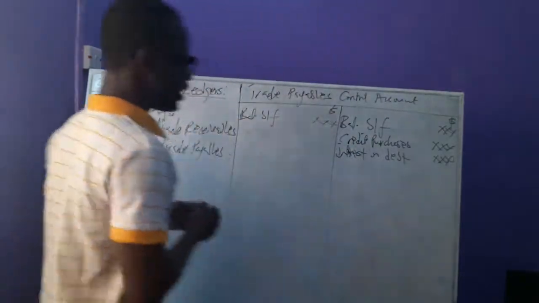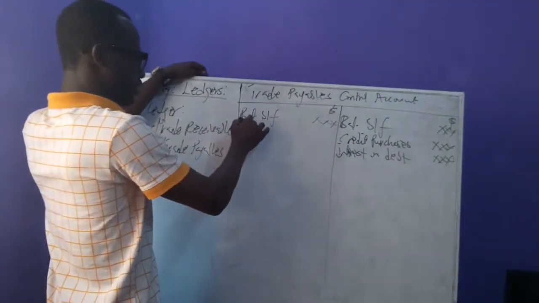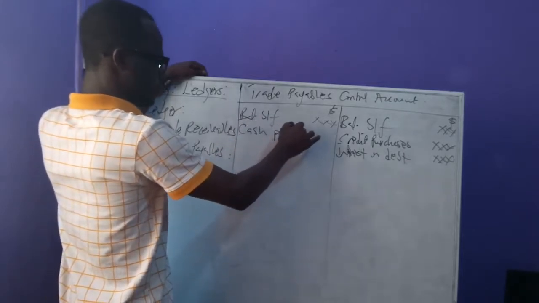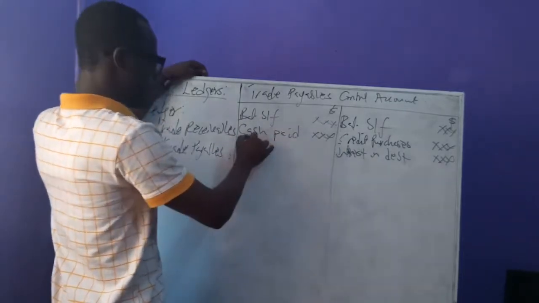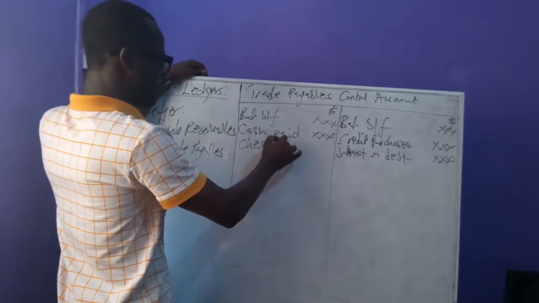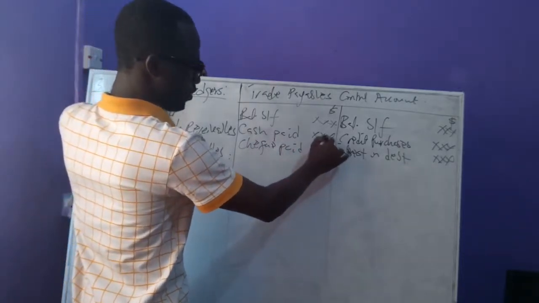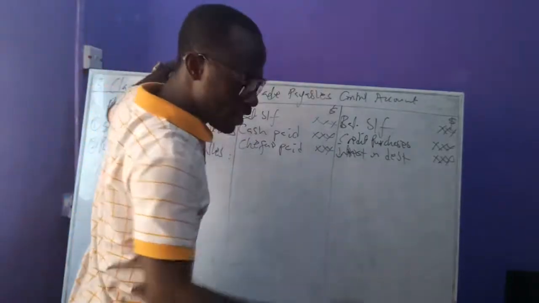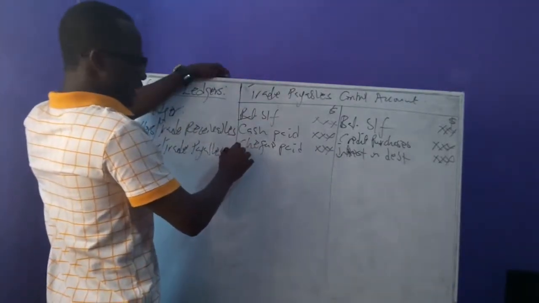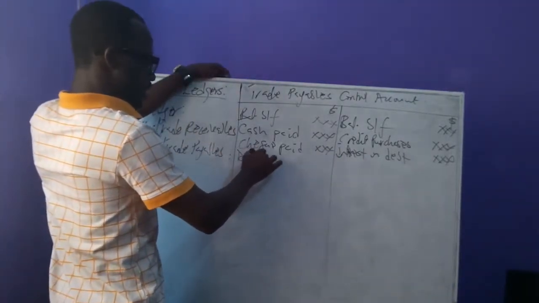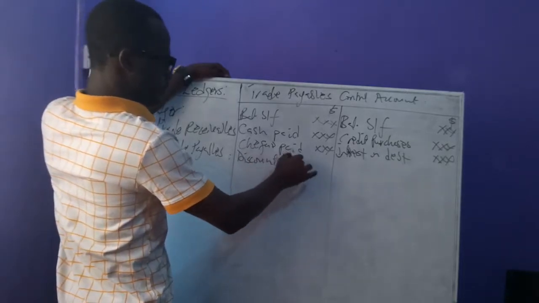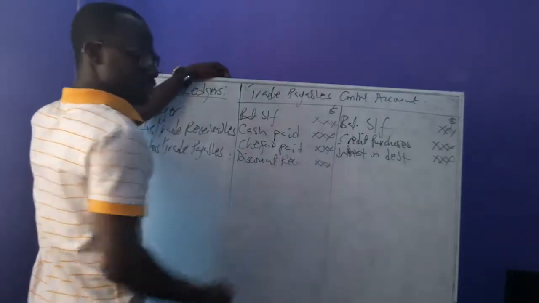Then on the debit side, it will be cash paid. Maybe the check that we have paid to them. So check paid will be written there. Then if there is any discount received, we write it down.